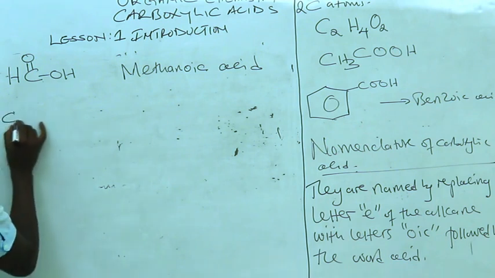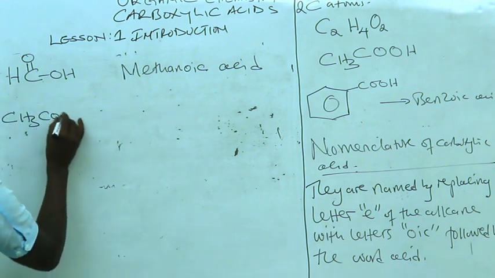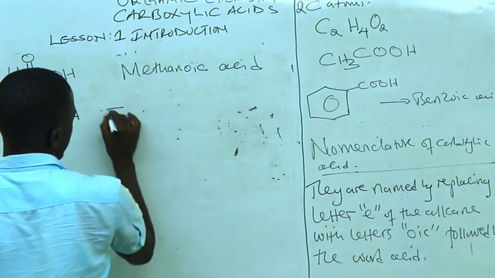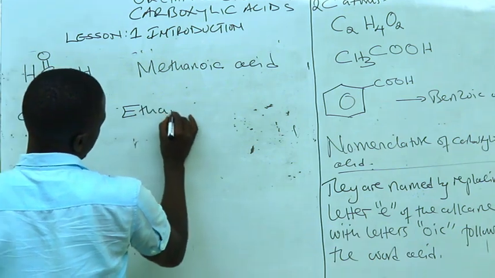If we go to 2 carbon atoms, the corresponding name would be ethane.